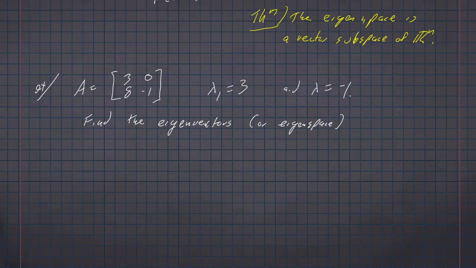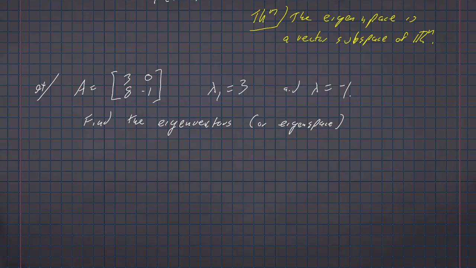So if I want to find the eigenvectors corresponding to each eigenvalue, since there are infinitely many of them, I'm going to really be looking for the eigenspace, the set of all vectors. If I can find a basis for it, so much the better.